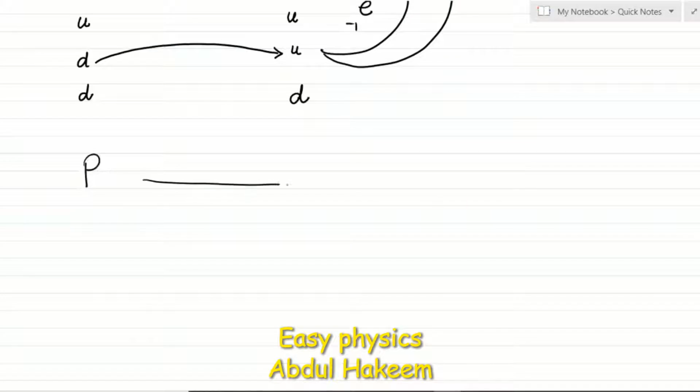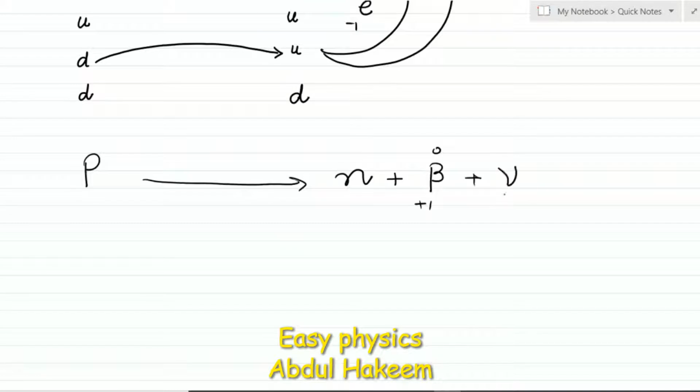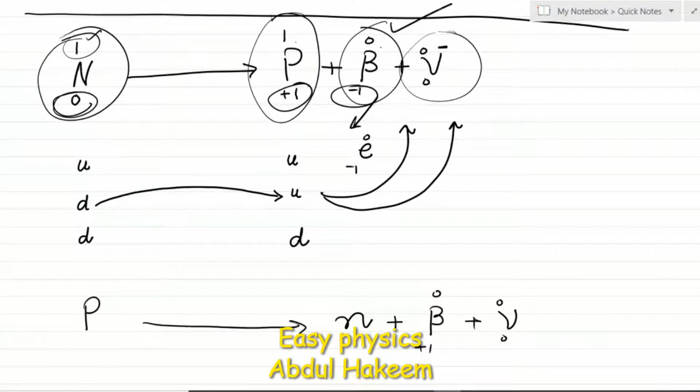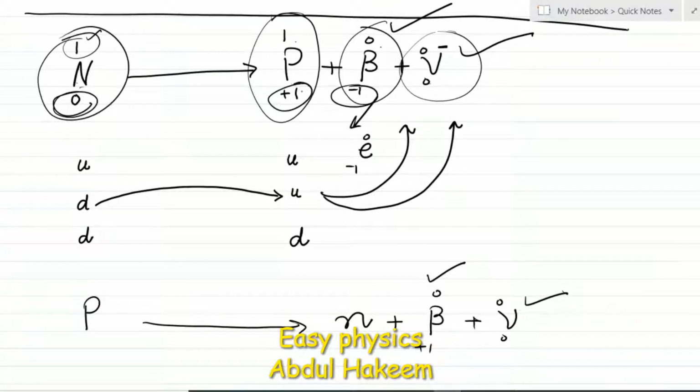Now similarly, when a proton is converted into a neutron, a positron is emitted and a neutrino. Look, here in the first, the electron is emitted, here the positron is emitted. Here antineutrino, here neutrino. So when neutron is converted into proton, electron and antineutrino. But when proton is converted into neutron, positron and neutrino.